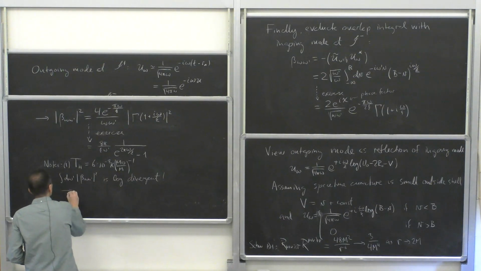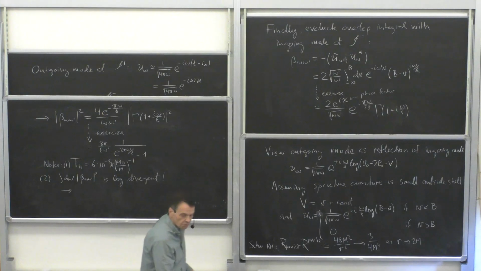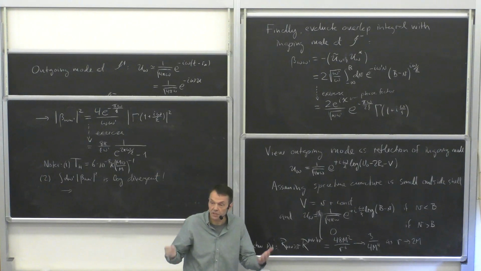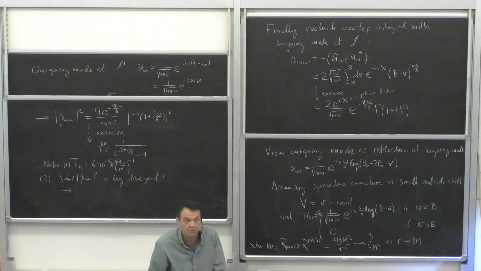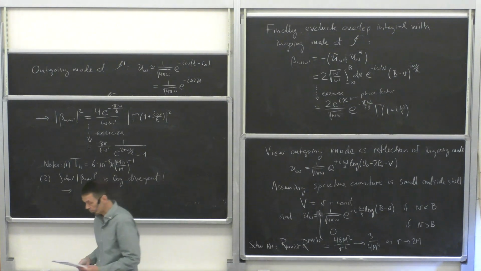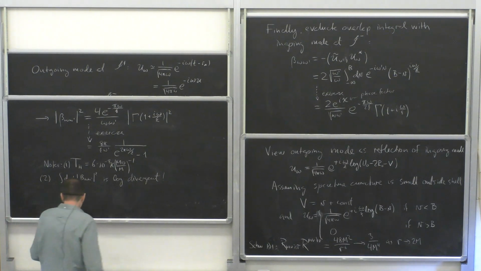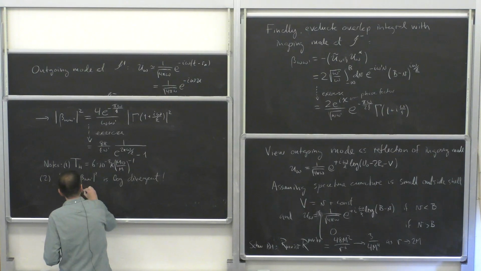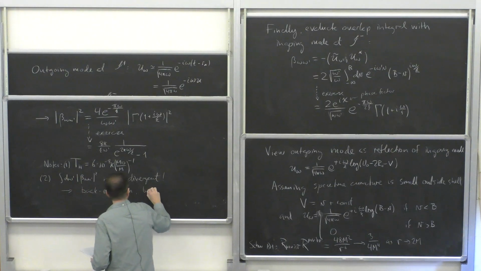Of course, we knew this was going to be a little bit funny because we've assumed that the black hole forms and then just stays there forever in this calculation. So we shouldn't be surprised that we're getting a divergent answer at the end, because we're allowing it to radiate forever. So what you need then is to take into account the back reaction. And the black hole actually evaporates.